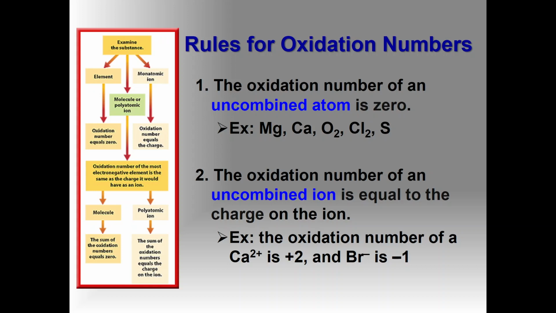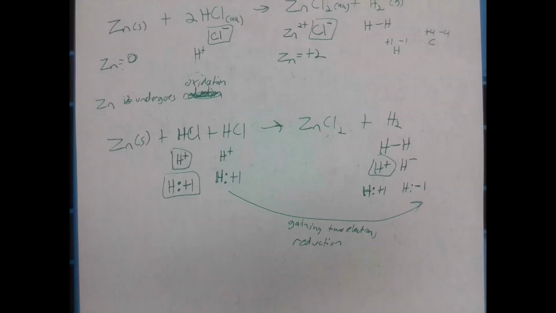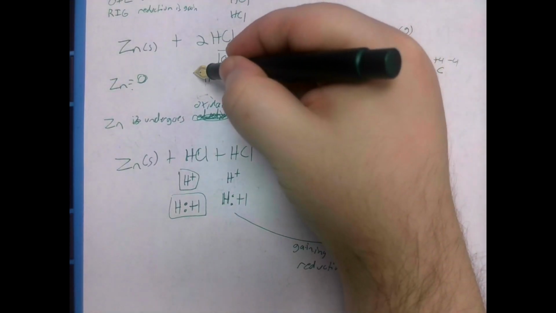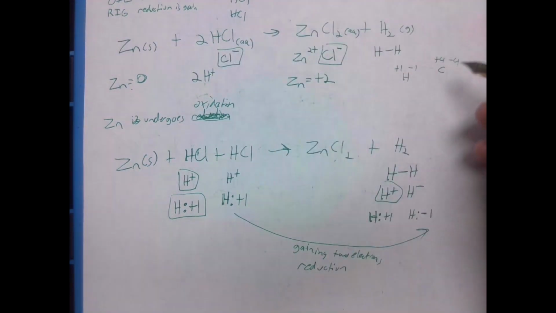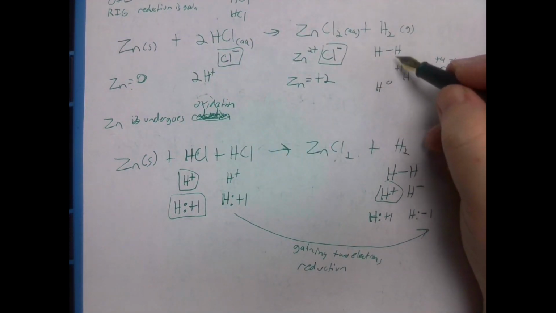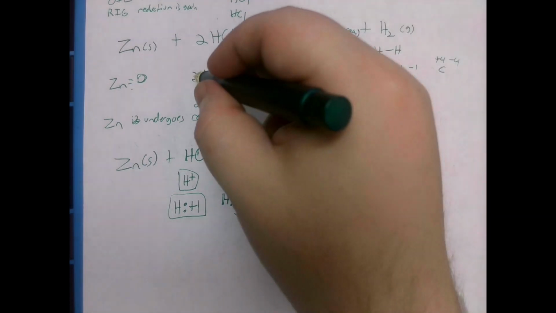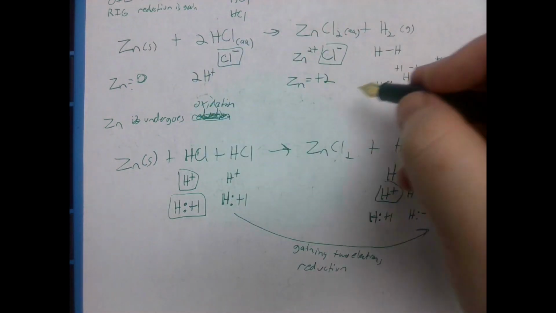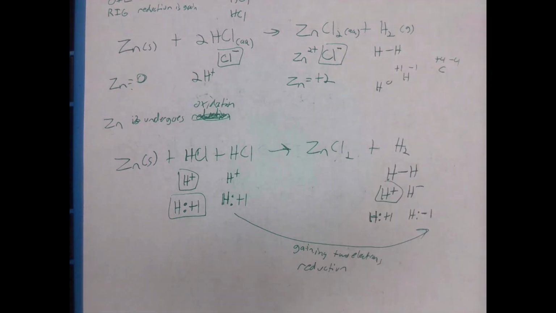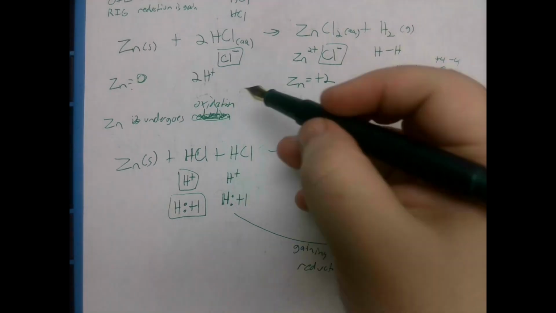I always thought of it as one of them becoming the other, but it works out the same. So treating it as 2H plus, and over here they're treating it as having 0 because it's covalent, not ionic. That's going from 2 plus to 0, so that is a gain of electrons. The math works out the same though. I think I'll stick with the PowerPoint.